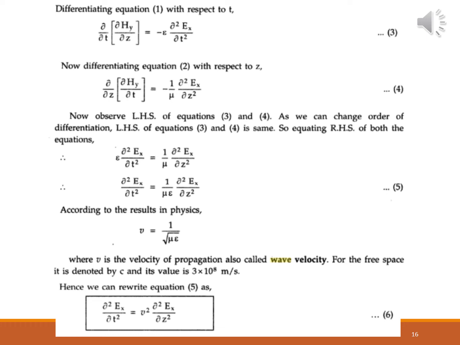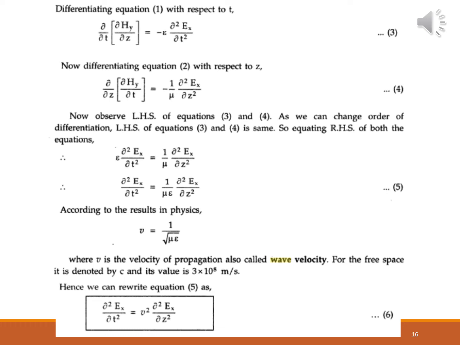Okay, so this equation is referred to as the wave equation for a plane wave. We are not going into the derivation, but just for you to know, this is one equation: dou square Ex by dou t square is equal to v square dou square Ex by dou z square.